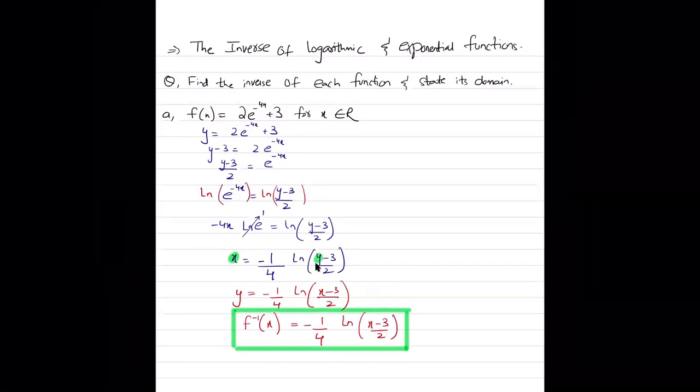Now, do you notice that if your function was an exponential function, the inverse is the logarithmic function? And that is going to be the case. If your function is a log function, your inverse is going to be an exponential function. That's always true. So now you have done the graphs of exponential functions as well as logarithmic functions with me.